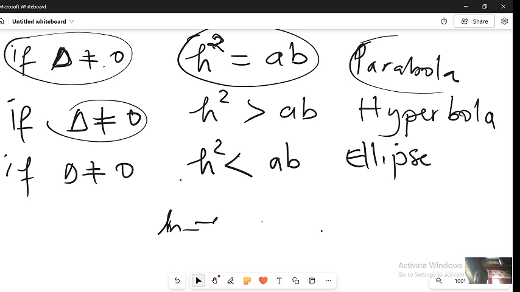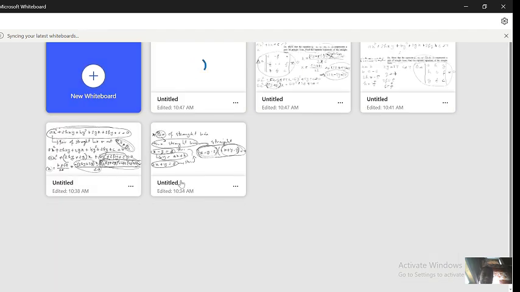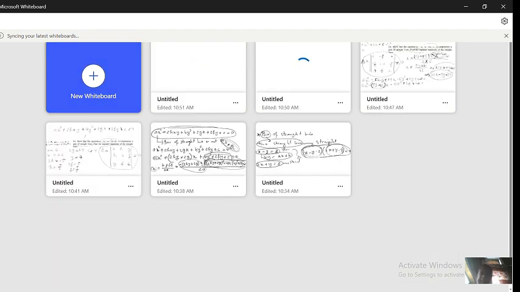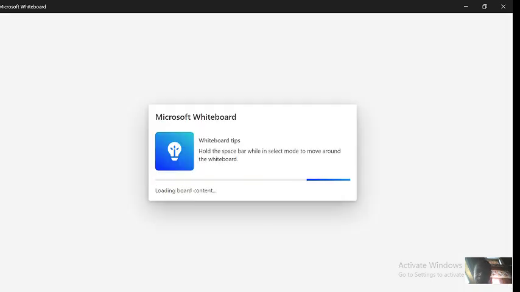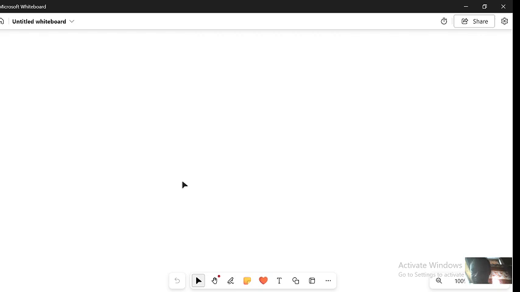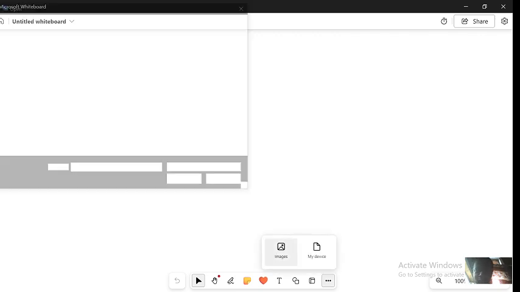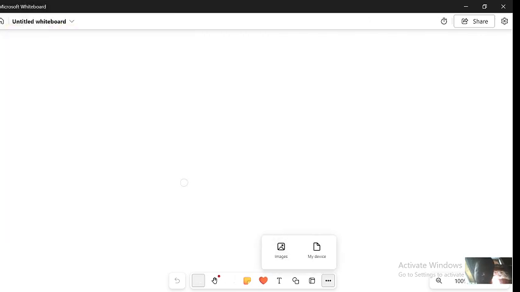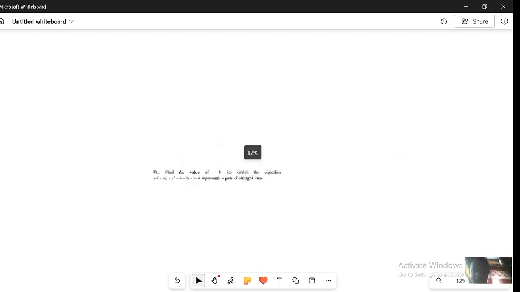Now we are going to see some examples. In this example, what does it say?